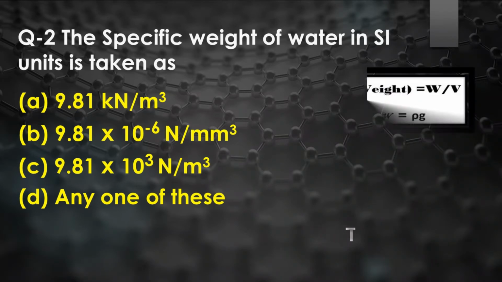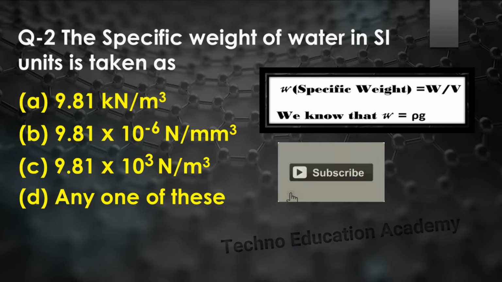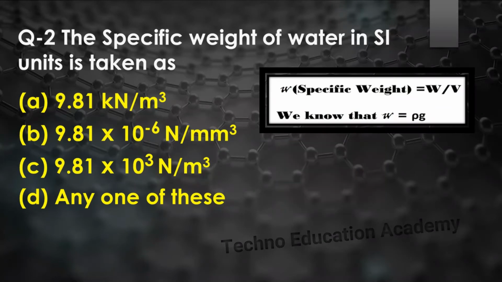We know that specific weight is the ratio of weight per unit volume, as we discussed in our previous slide, and we can also write specific weight equal to rho g. Rho means density and g means gravitational acceleration, whose value is 9.81. The density of water is 1000, so 1000 multiplied by 9.81 is also written as 9.81 kilonewton per meter cube.